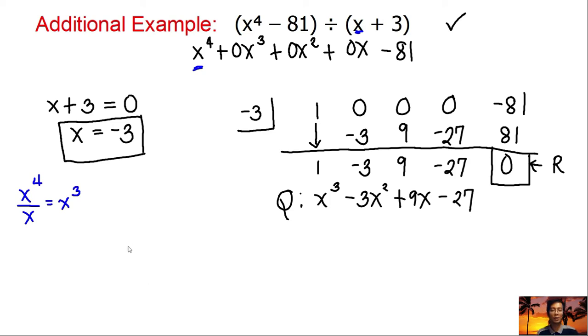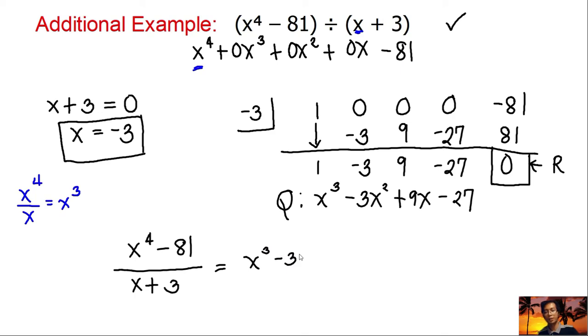Write our answer in the format dividend over divisor equals quotient. So, ang dividend po natin is x to the fourth minus 81, all over our divisor x plus 3 equals our quotient x cubed minus 3x squared plus 9x minus 27. So, this is our final answer.